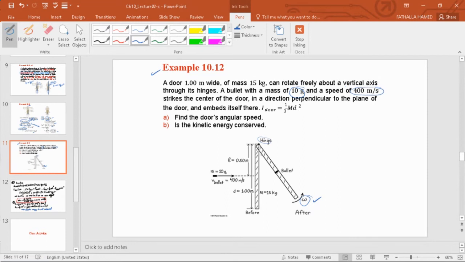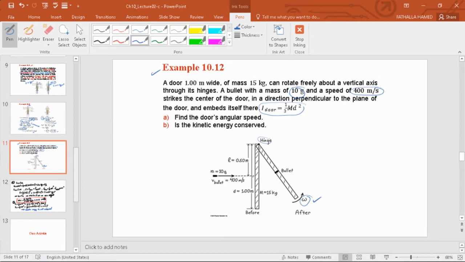You remember when we talked about moment of inertia, we can look at the door as rotating around one of its ends. So the moment of inertia of the door here will equal 1/3 md squared, where the mass here is 15 and d here will equal 1.